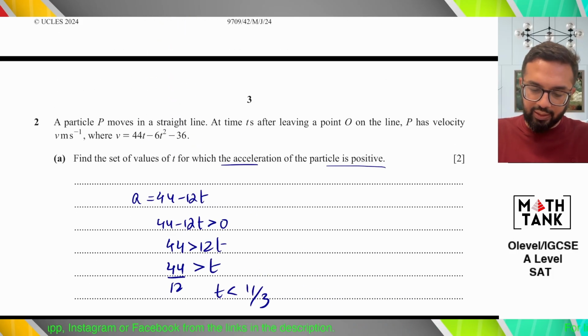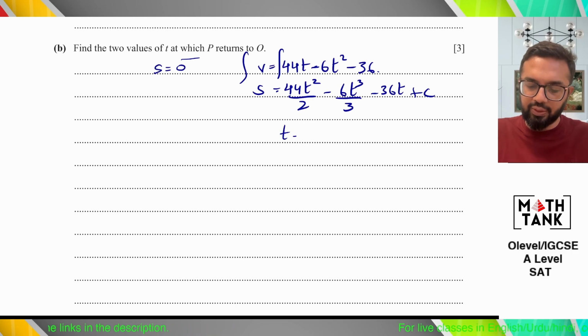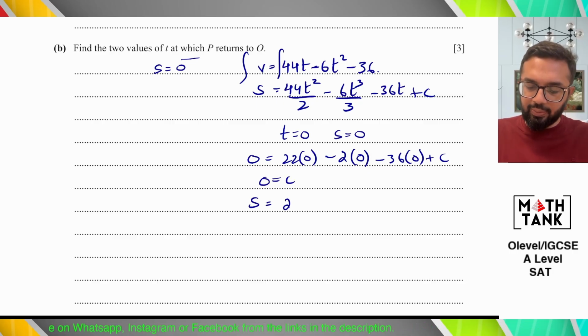At time t seconds after leaving a point O, it was at O when t was 0, so s was also 0. So s equals 22t squared minus 2t cubed minus 36t plus c, and c is 0. Therefore s is 22t squared minus 2t cubed minus 36t.